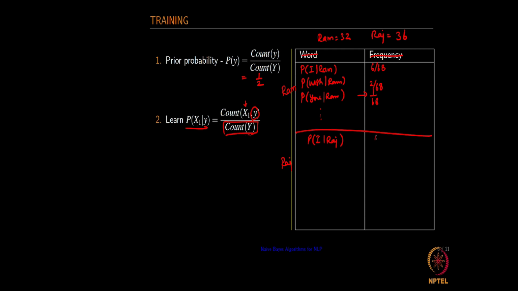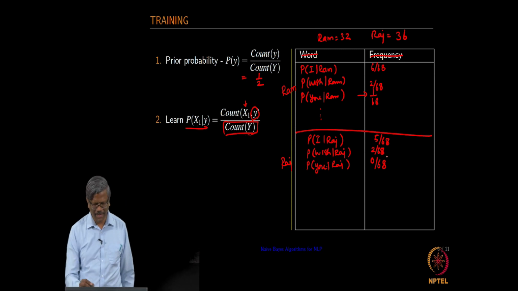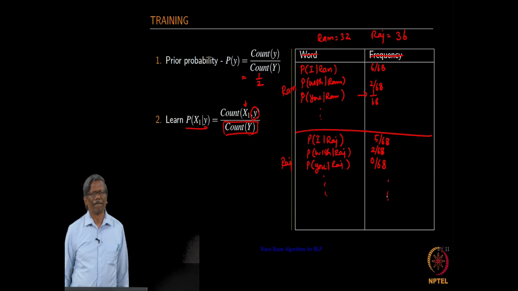So, this will be 5 by 67. Sorry, this should be 68. Aha, we got 1 0 here, right, and so on.